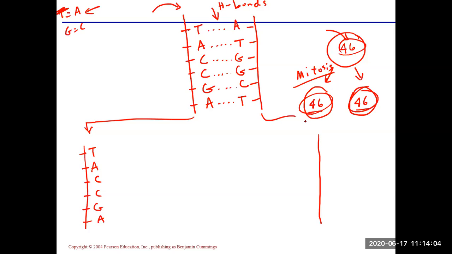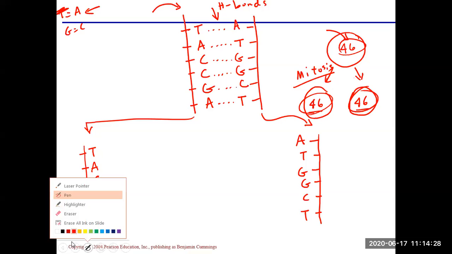I'm going to bring in this strand right over here, and assign the same letters again. So one strand is being used as a template, and the new strand is going to be formed.